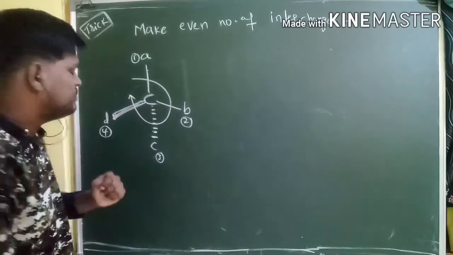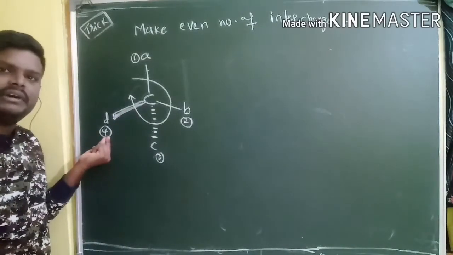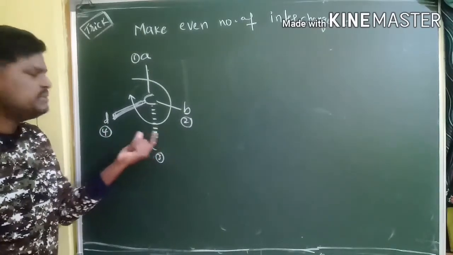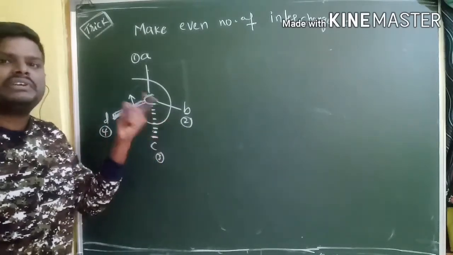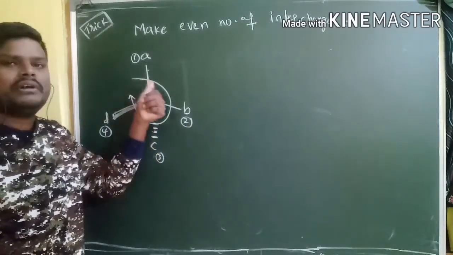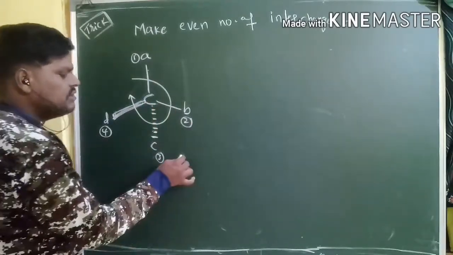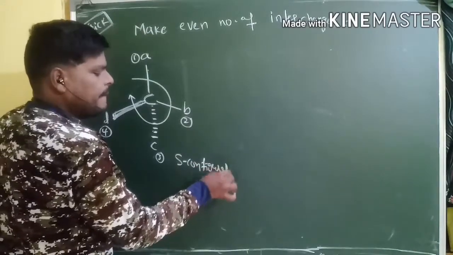But if you observe carefully, the least priority is 4, D, and D is not present on the broken wedge. It is present on the wedge line. That's why you should take the opposite of the configuration obtained. Here the obtained one is R configuration, so the opposite configuration is S configuration. So this is the S configuration here.